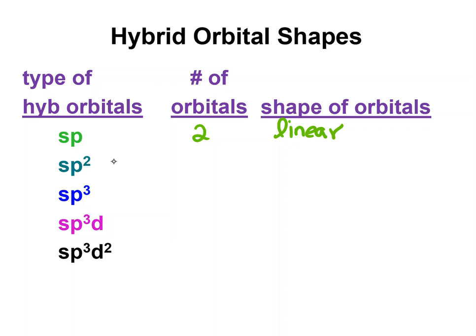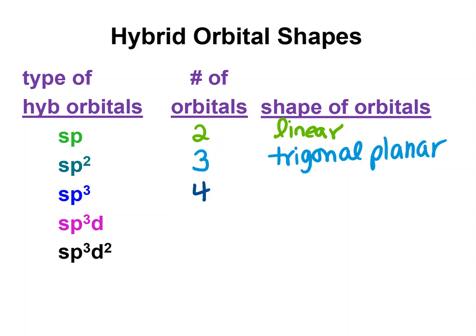Next, if I have a hybrid that's made from an s and two of the p's, adding up the exponents, I see that I'm going to have 3 orbitals in the hybrid because I used 3 orbitals to make it. The geometry of those orbitals will be trigonal planar. Next, sp3: I took 4 orbitals to make that, so I'll get 4 orbitals out of it, and with 4, it'll be tetrahedral.